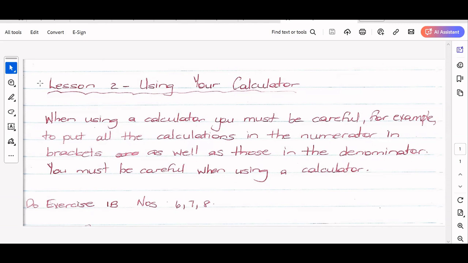Some questions, for example in CXC, the first question can usually be done without the calculator, using your arithmetic skills. But most of the work that you would do would require the use of your calculator, not only a calculator, but a scientific calculator, right?